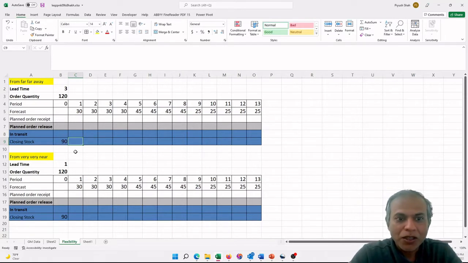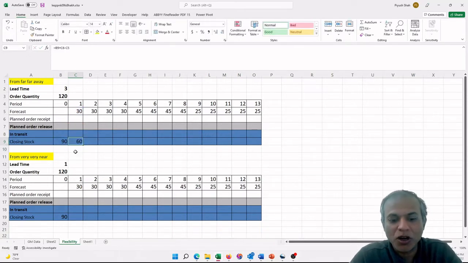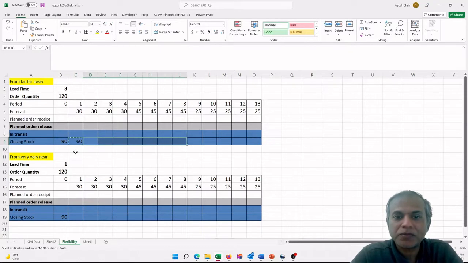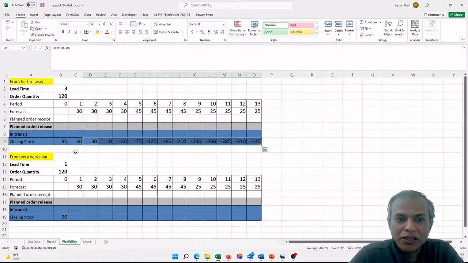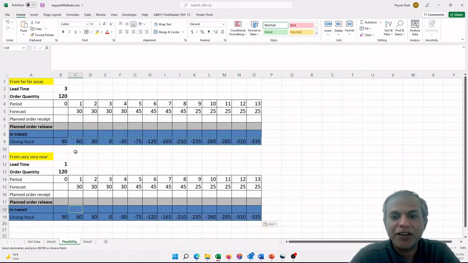So this is equal to what I had previously, plus this is what I am going to receive in the current period, minus 30 is what I'm going to use up in the current period. So this becomes my closing stock, and I'm going to copy this formula in this line, and I'm going to take this here, Control C, and paste it here. So I have my closing stock formulas very clear.